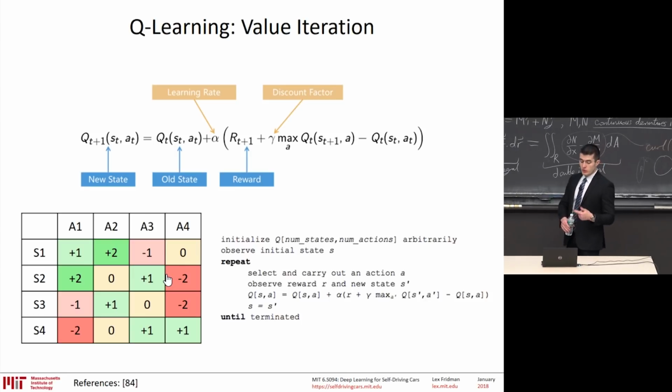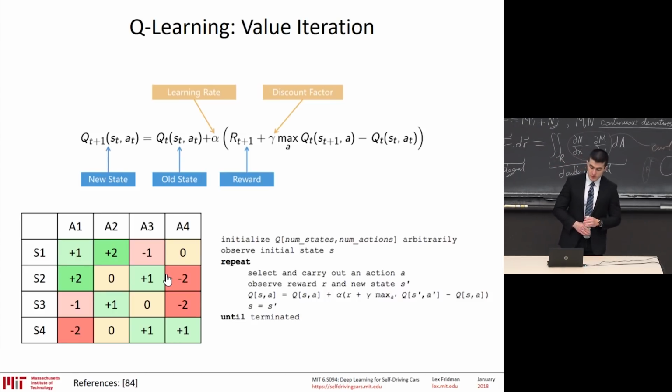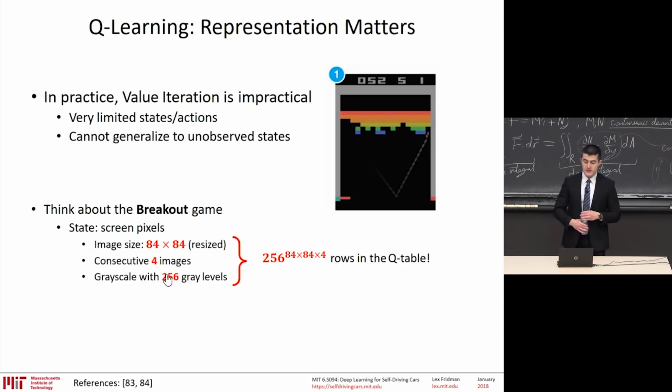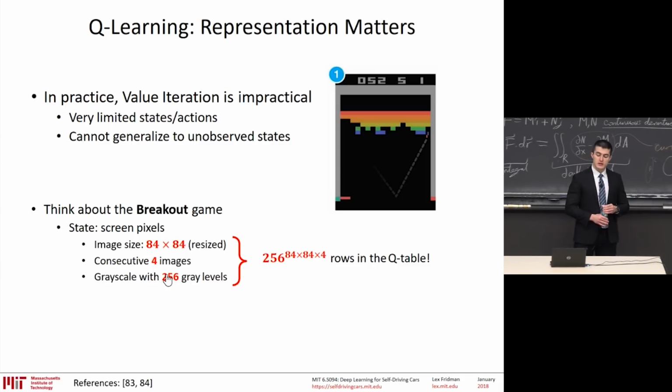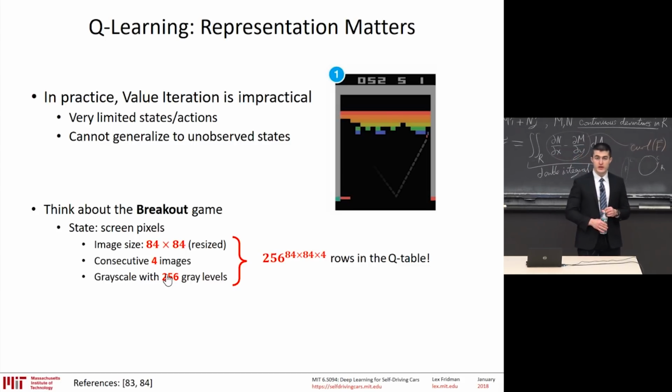And as we move about this world and we take actions, we update this table with the Bellman equation shown up top. And here, the slides are now online. You can see a simple pseudocode algorithm of how to run this Bellman equation. And over time, the approximation becomes the optimal Q table.